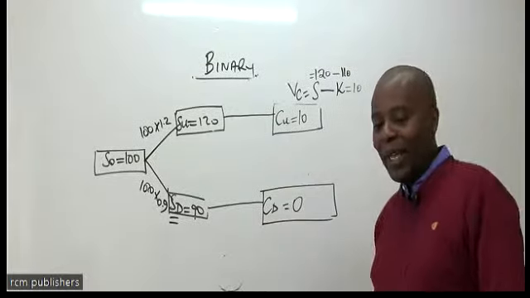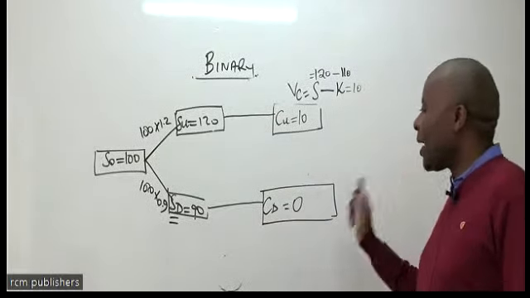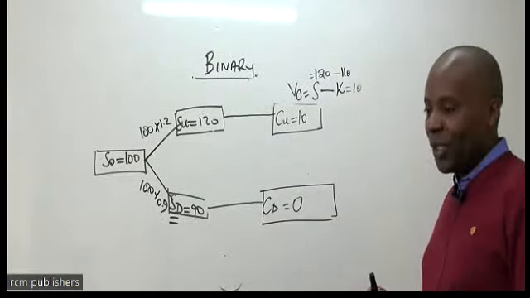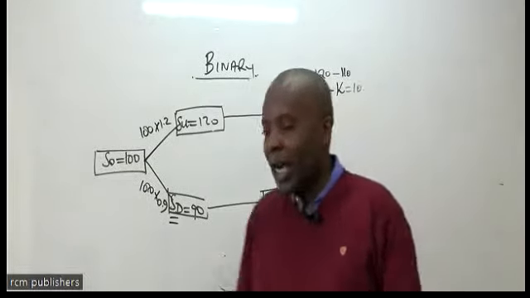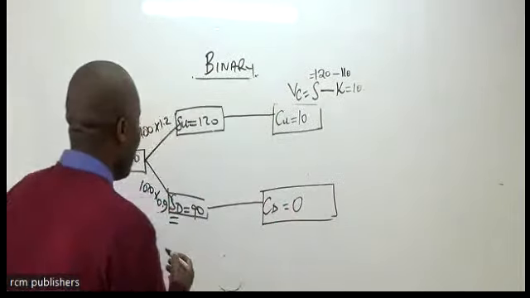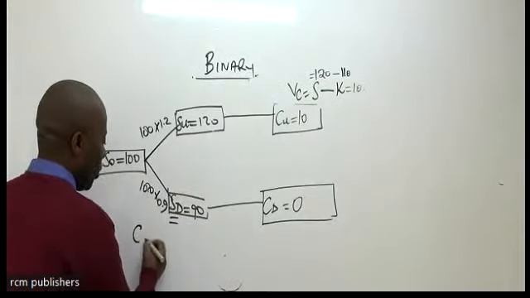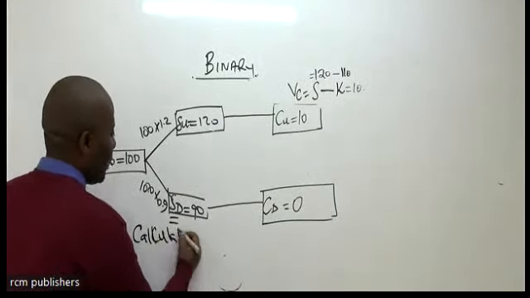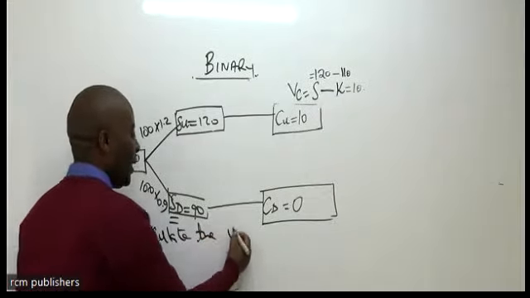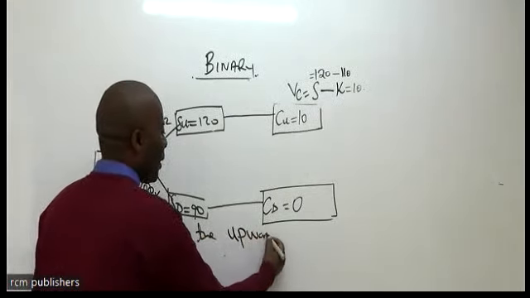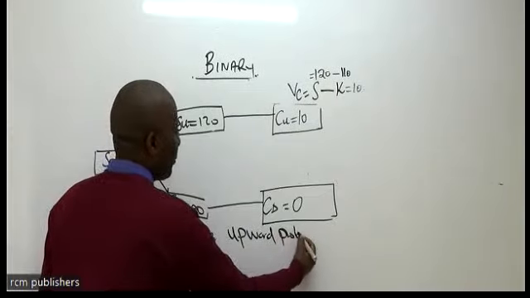Now when you get here, second last step actually. Here, the examiner has not given us probabilities. So the second last step, come and calculate the upward probability.